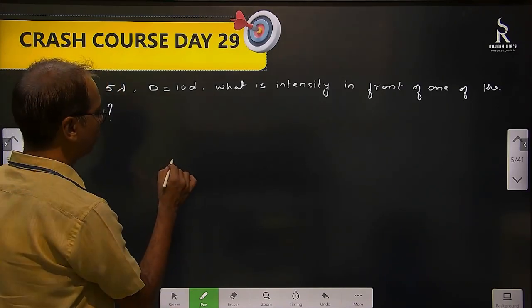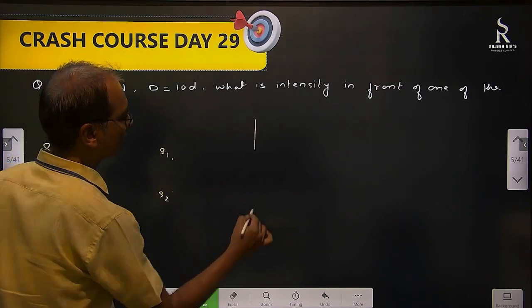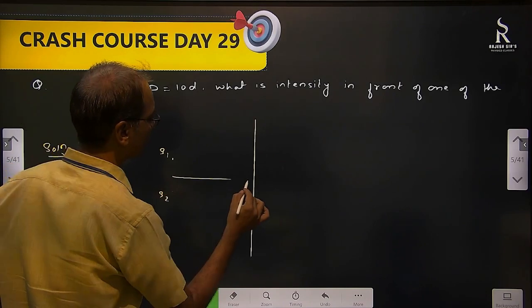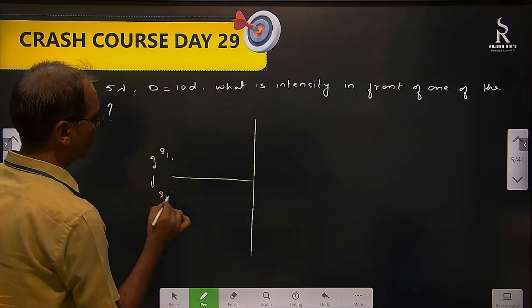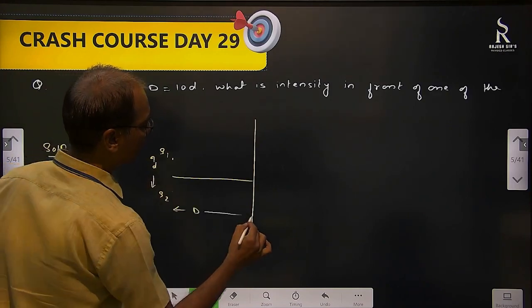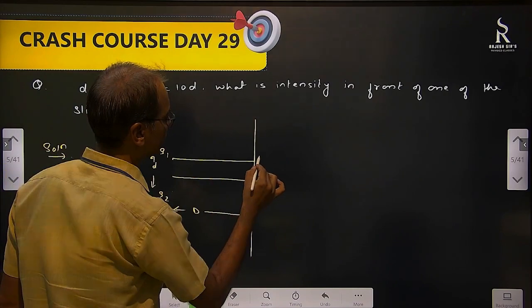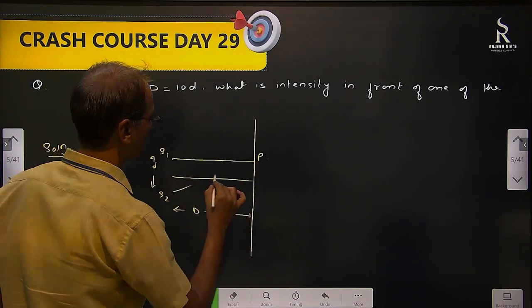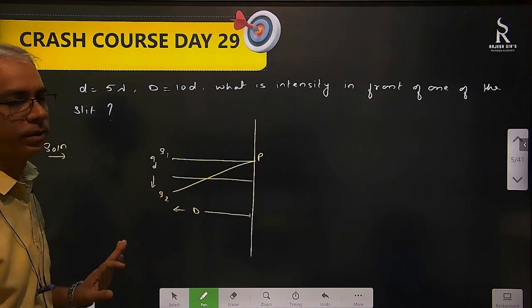So if here is S1 and here is S2, this is the screen. This is small d, this is capital D. Now he is saying that in front of this, suppose this point is P.